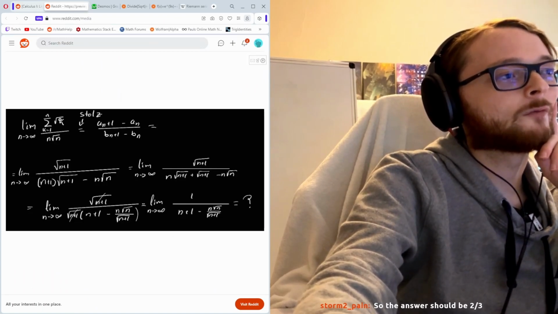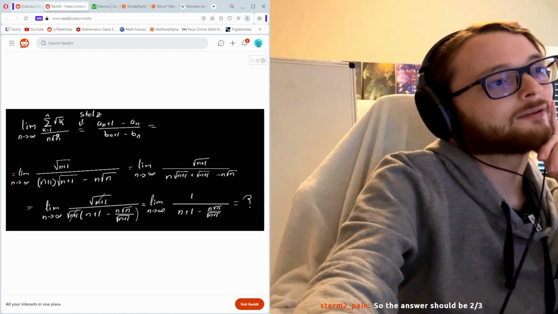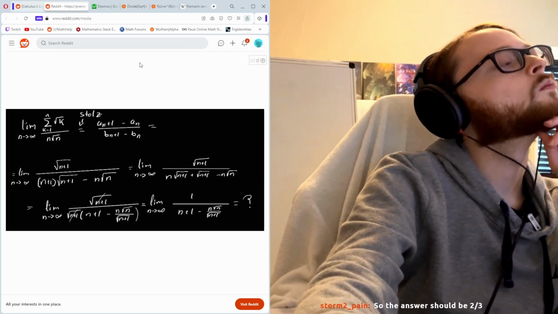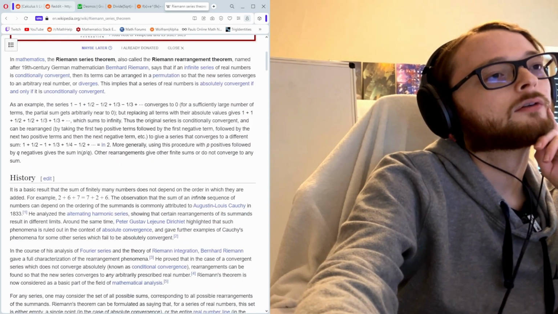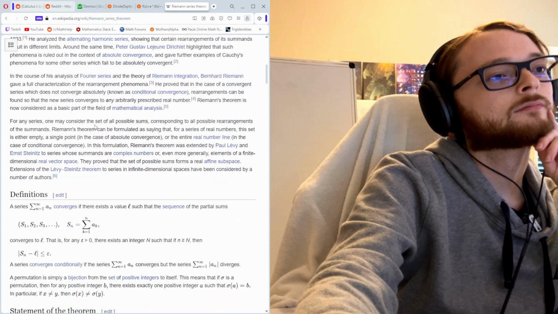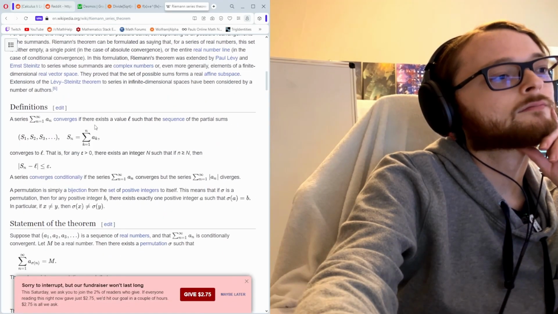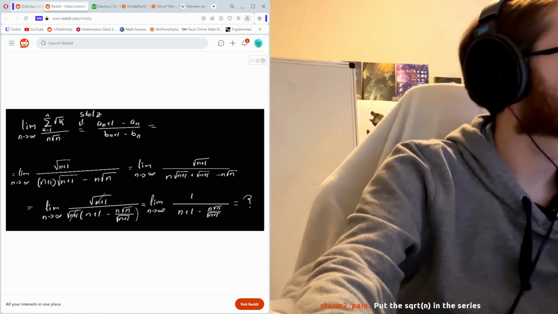Can you say from the very first step that this is equal to the integral? With the root n in the series? Okay. Let's investigate this.